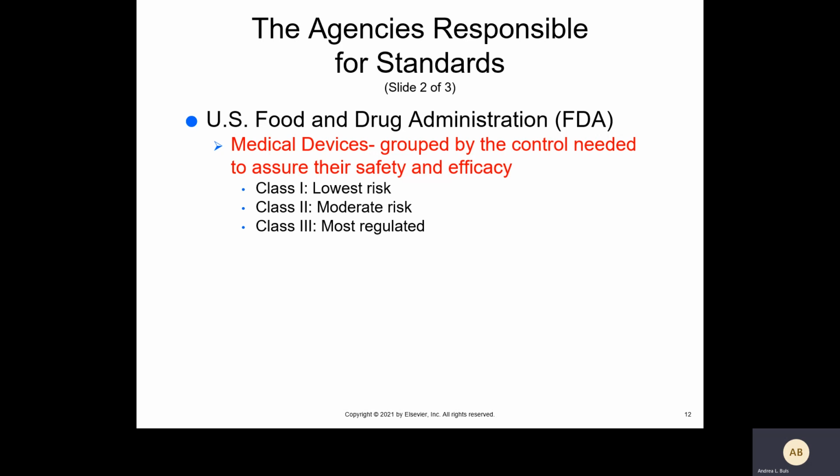The U.S. Food and Drug Administration sets standards and approval for our medical devices, and they group these as needed in their safety and efficacy classes. So a class 1 device would fall under the lowest risk, and a class 3 would be the most heavily regulated.